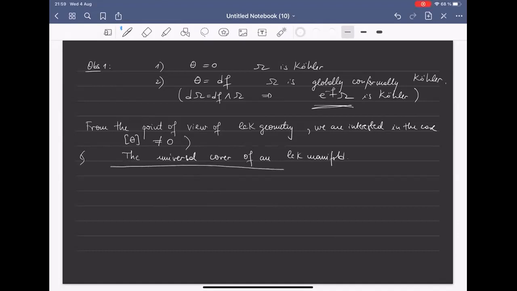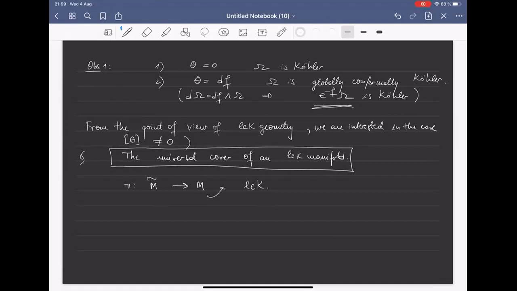So we need to understand that this universal cover has very special, very particular features. So let's take the universal cover, usually denoted by M tilde, and the covering map pi, and assume that M is LCK.